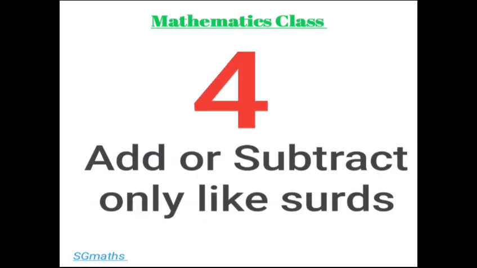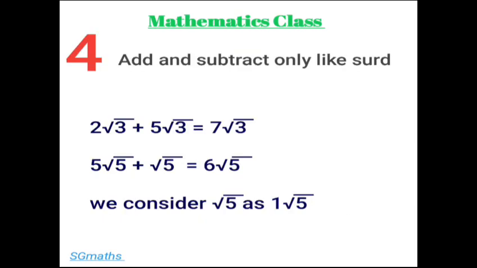Look at this. 2 root 3 and 5 root 3. If you look at the inner side, you see that the surd inside is root 3 and root 3. 2 has root 3 as its own surd, and 5 has root 3 as its own surd. So we have the same surd here, root 3, root 3.